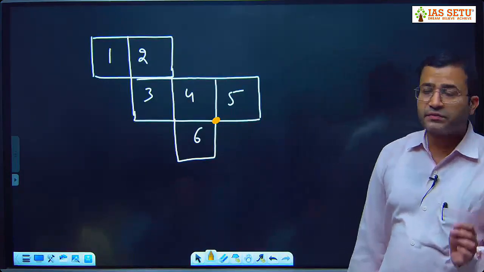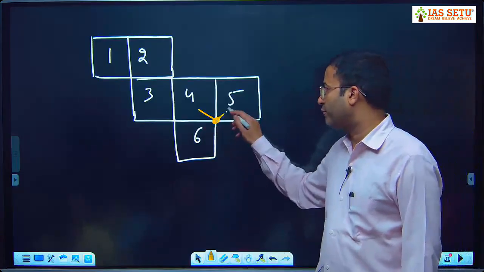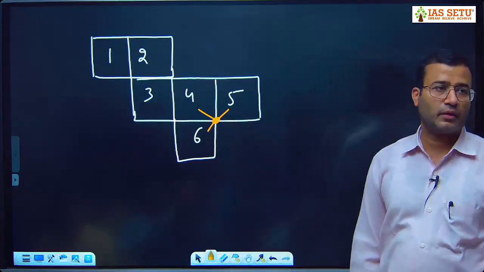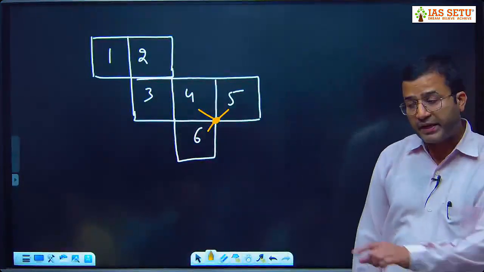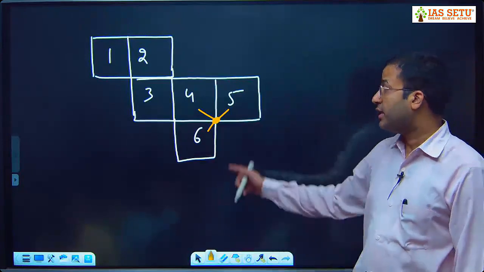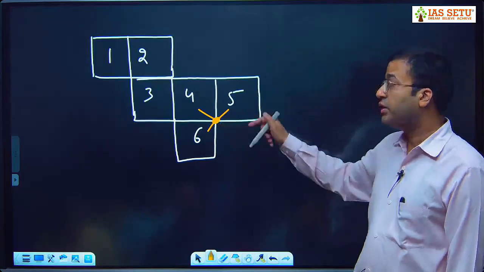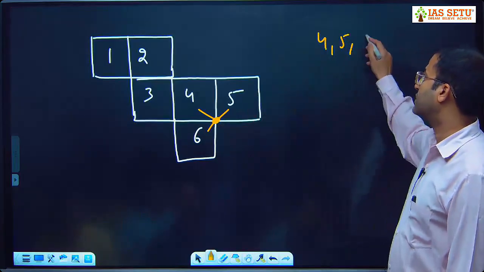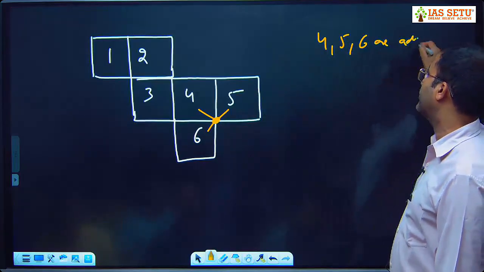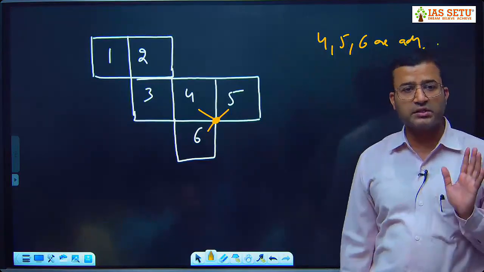Can I say this vertex is common for 4, 5, 6? And based on this property number 8, can we say these three faces are connected by this vertex? Yes, I say 4, 5, 6 are adjacent to each other. Is this clear?